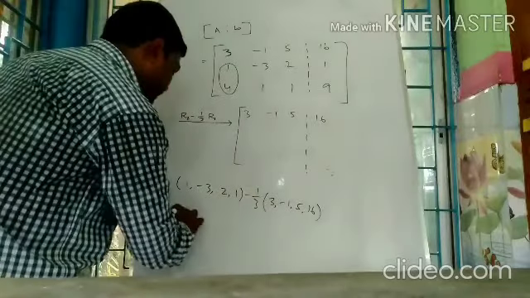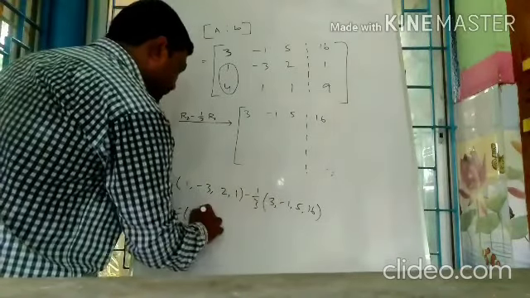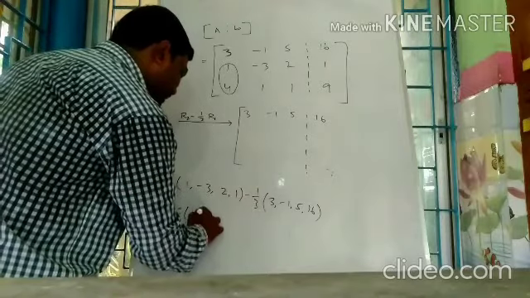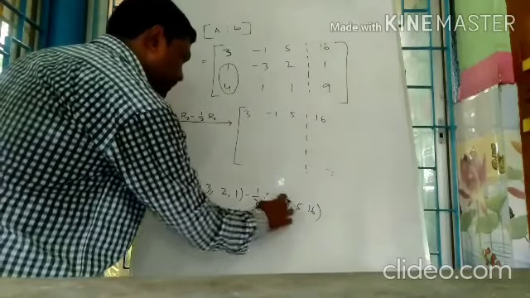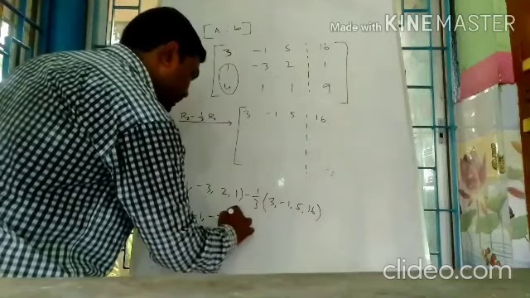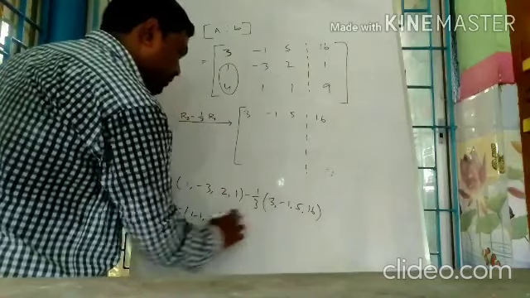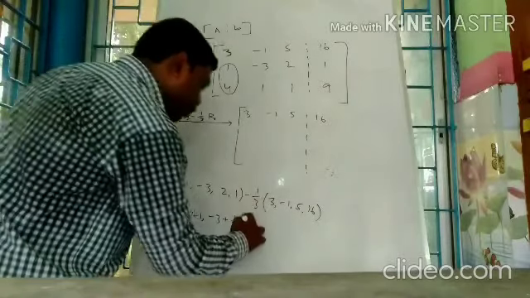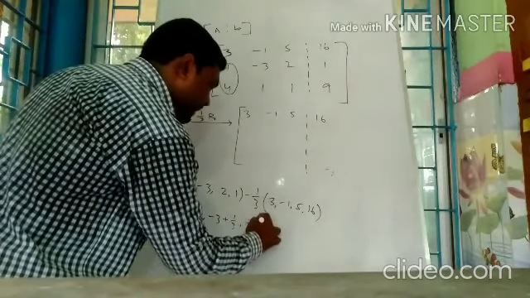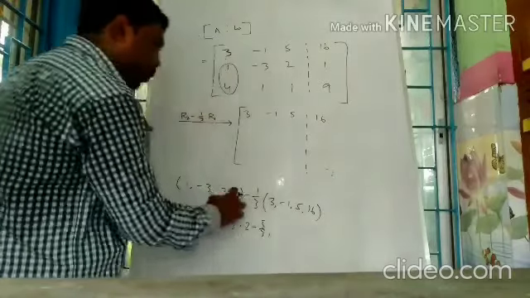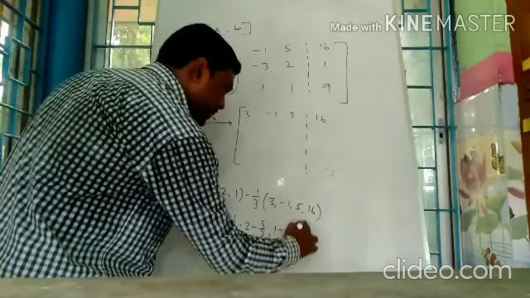So it is 1 minus 3 into 1 by 3, and 3 into 1 by 3 is 1, so 1 minus 1. Next minus 3 minus minus 1 by 3, it is plus 1 by 3. Next 2 minus 5 by 3. Next 1 minus 16 by 3.